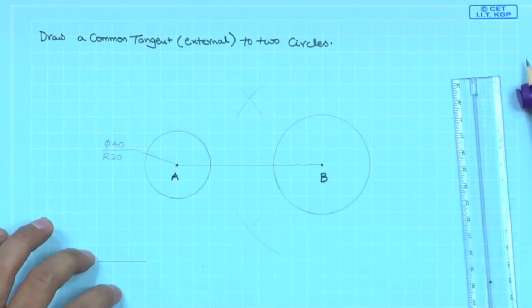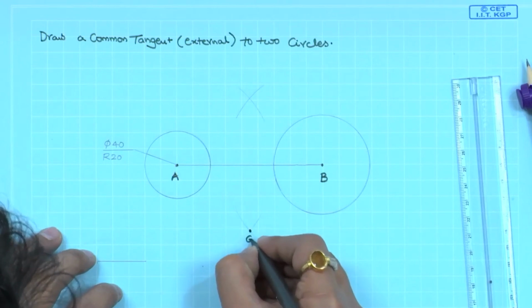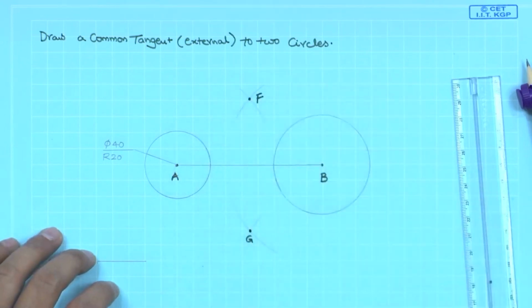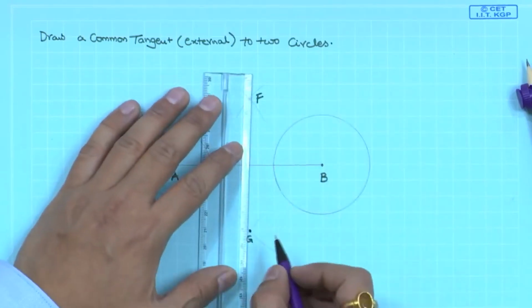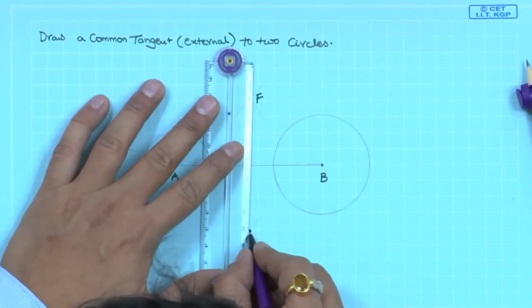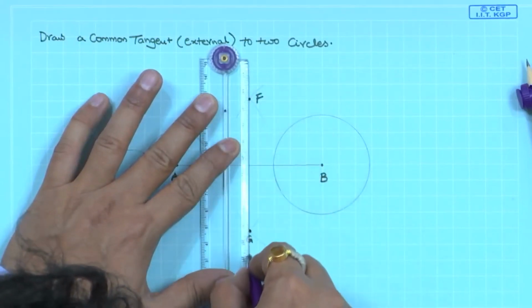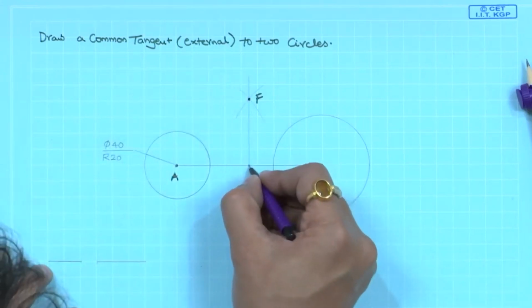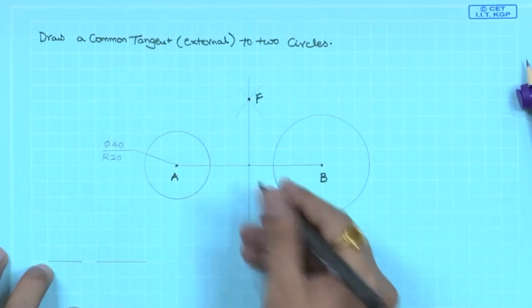Mark the points as G and F. A construction line has to be constructed passing through G and F. Let us call this intersecting point as O.